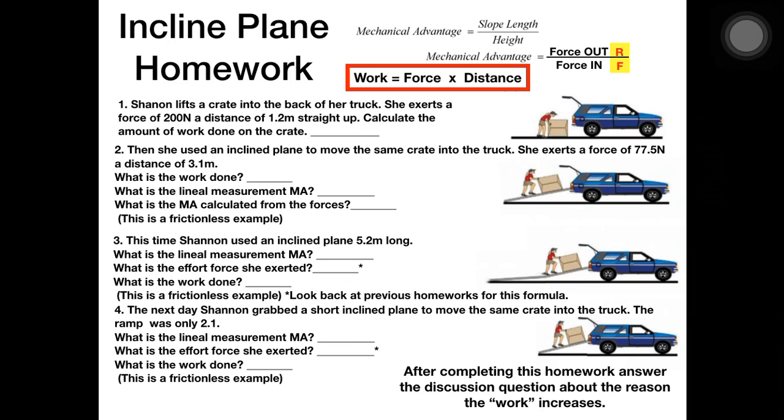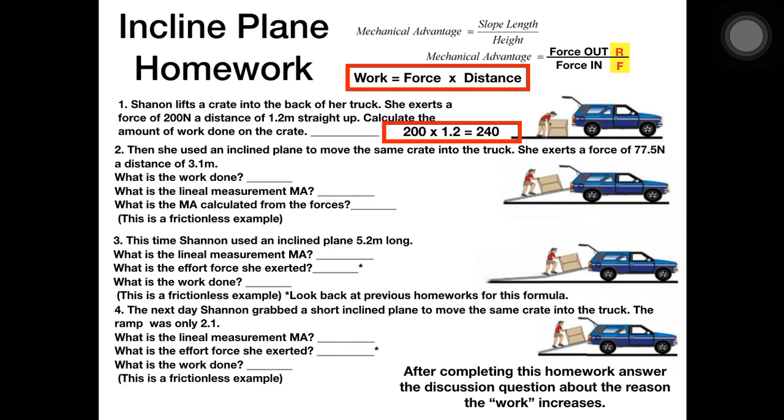We also know that the distance was 1.2 meters straight up. So if we multiply those together, 200 times 1.2, we get 240. 240 is the amount of work that Shannon has done.